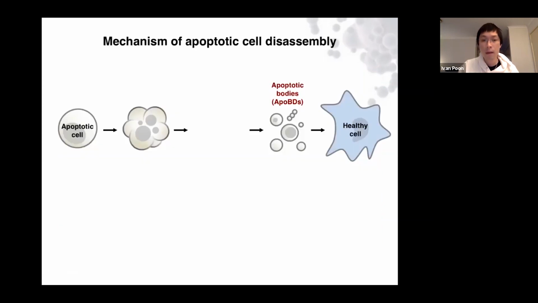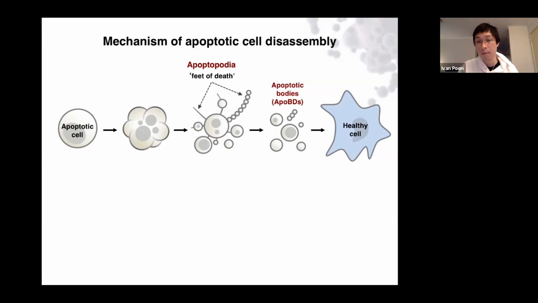For a very long time, people thought that when cells undergo apoptosis, they generate membrane blebbing, the circular bulges on the cells, as I mentioned before, and that this would be the only process necessary for the cells to generate the smaller fragments called apoptotic bodies. But we discovered that there's another step in this process.